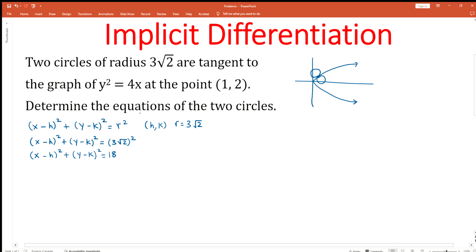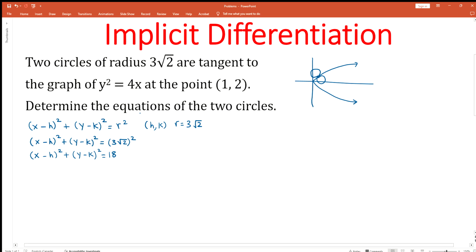So the value of dy over dx for the equation of the circle and the equation of the curve at the point (1, 2) should be the same, because dy over dx represents the slope of the tangent and the tangent is common to both the circle and the curve because the tangent touches the circle and the curve at point (1, 2). This is a very important concept we need to understand and memorize to solve this type of problem. So let's start by finding dy over dx for the equation of the circle.